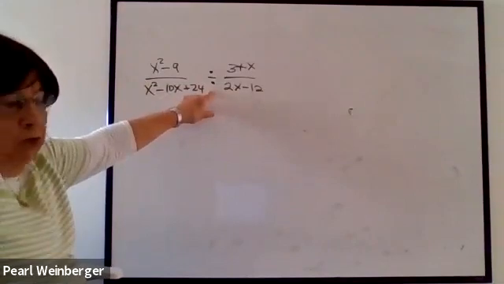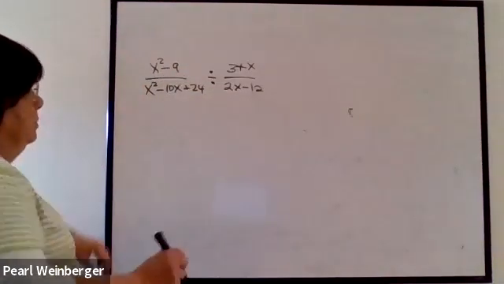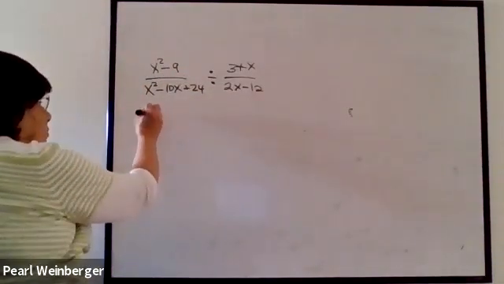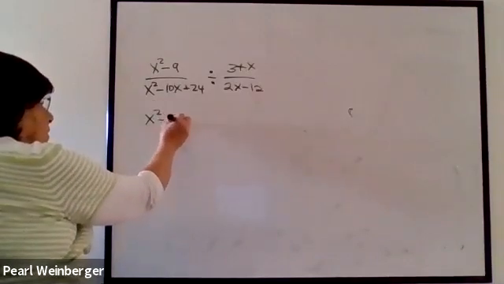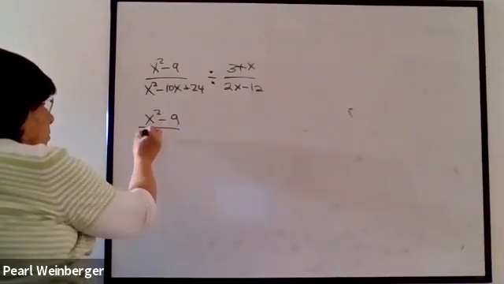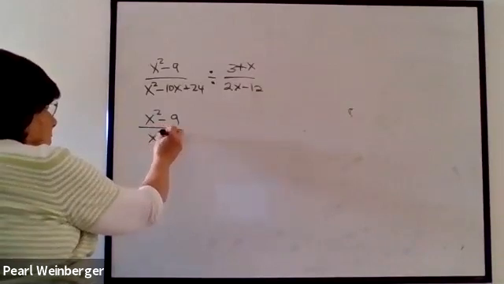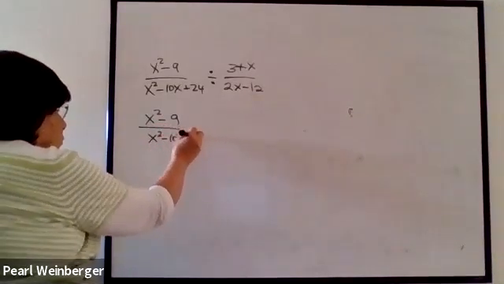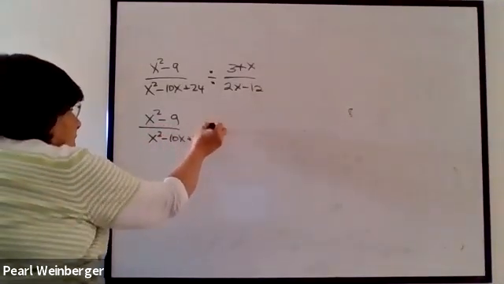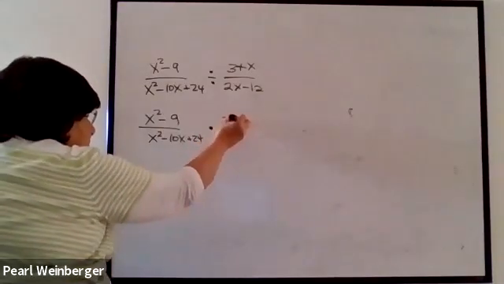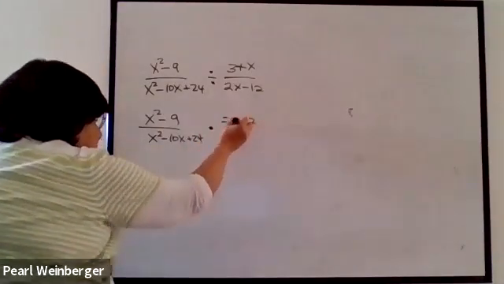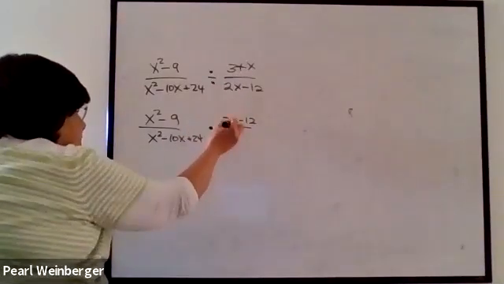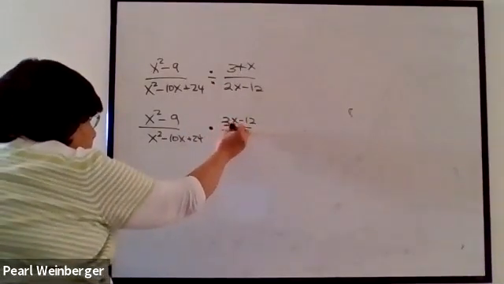So I'm going to have to take the reciprocal of my second fraction. So this is going to be x squared minus 9 over x squared minus 10x plus 24 times 2x minus 12, taking the reciprocal of the second fraction, over 3 plus x.